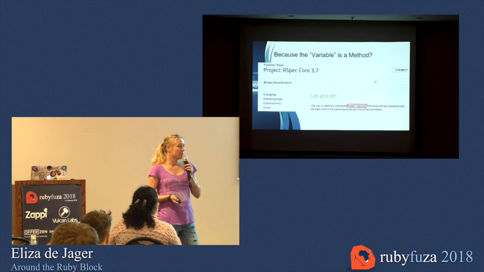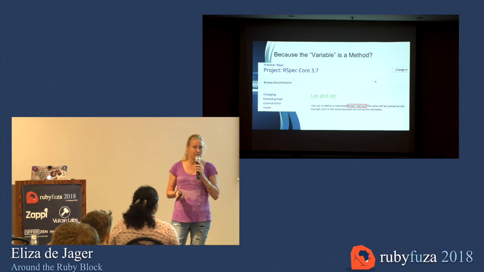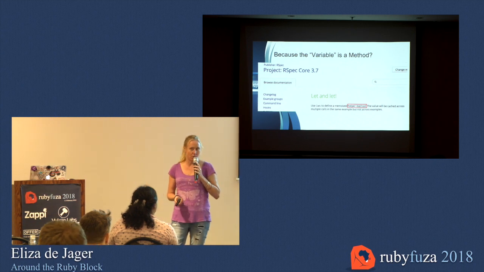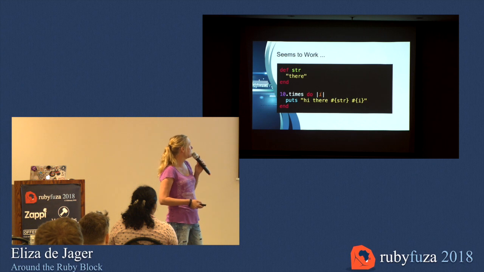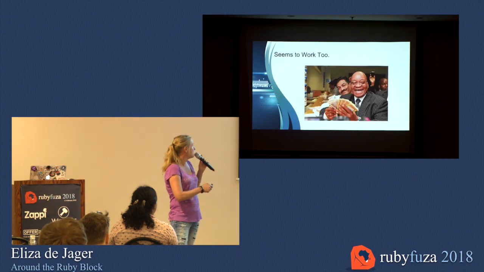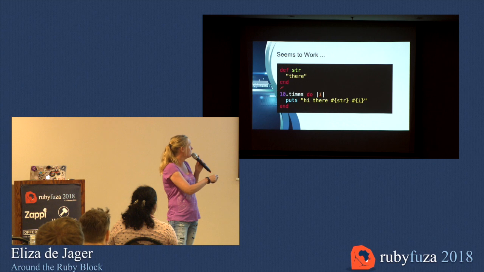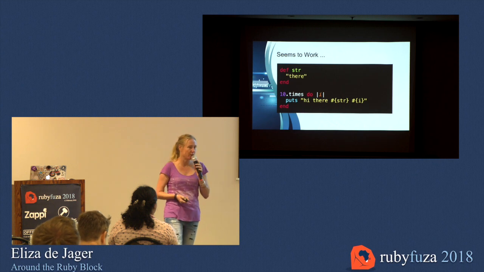And so I thought, okay, maybe the problem is that you can't use a method defined outside the scope of a block inside a block. But I quickly came up with this example over here that shows, in general, this seems to work as well. So here you can see, I'm just defining the string method, and I'm using it inside the block just fine.